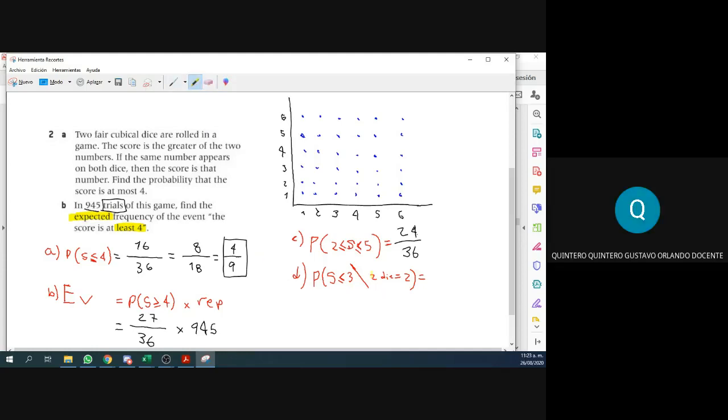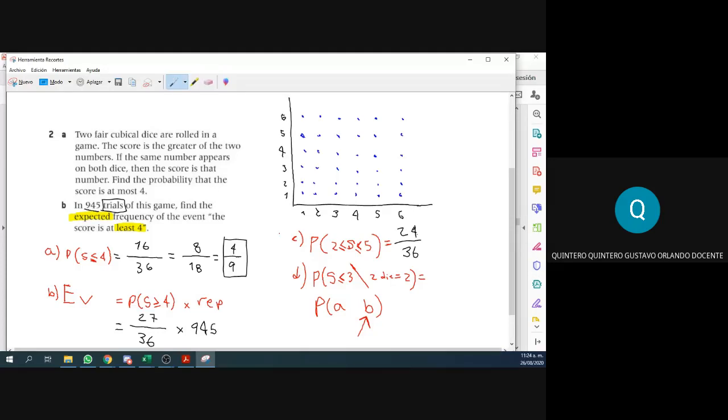Okay, again, I think I explained this in the past, right? Whenever we have something like this, something and then this line and then something, the second event, the one after the line, is the one we know as the condition.